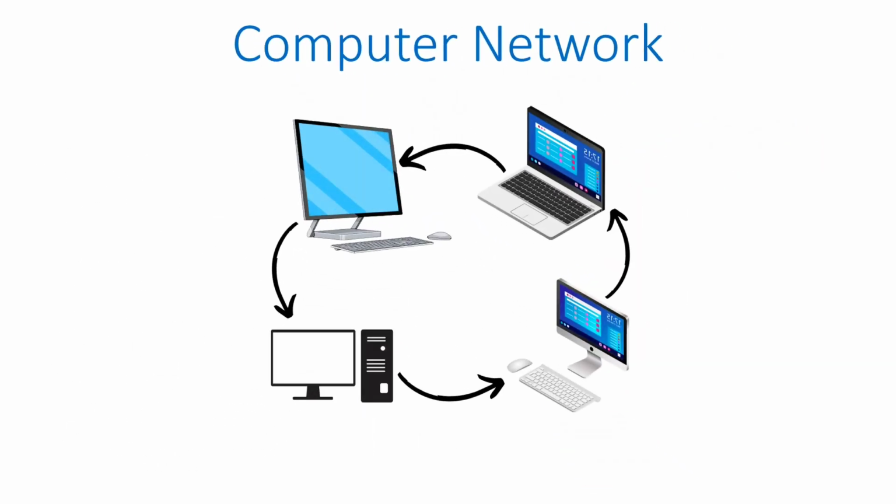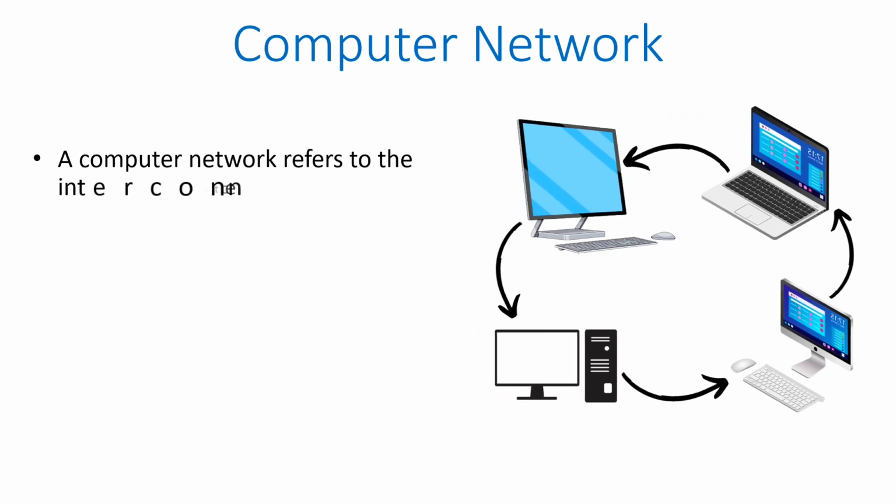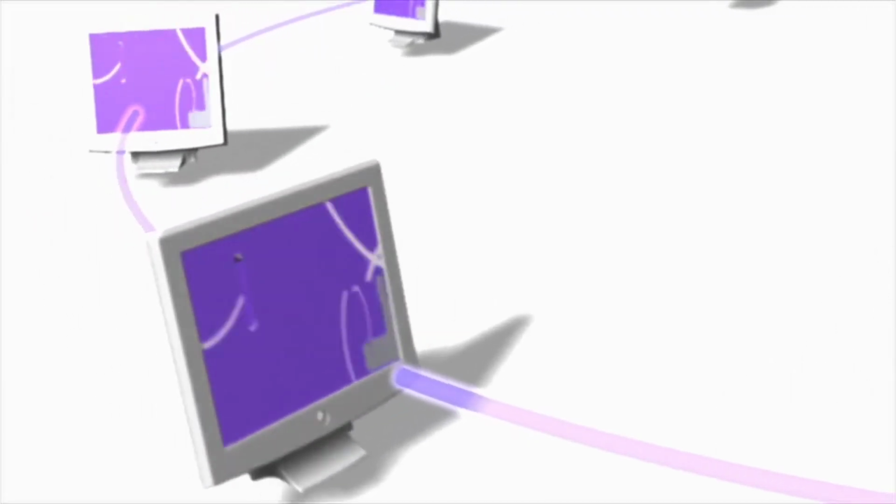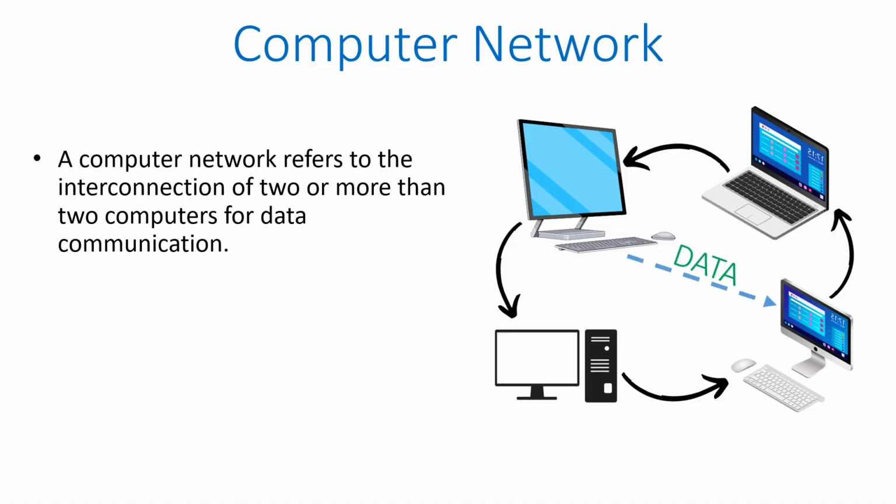Now let me tell you about computer network. Actually, computer network refers to the interconnection of two or more than two computers for data communication. So the interconnection between two or more than two computers for transferring data is known as computer network. The computers in the network are capable of transferring data from one computer to another.